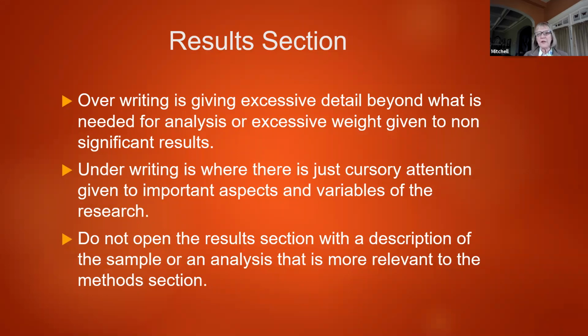That's more relevant to the methods section. I do want to make a comment that generally what I see is in the methods section, there may be a general description of the sample. And it's when you get to the results section where you may see the specifics about, say, percentage of male, female, sex, gender, etc.